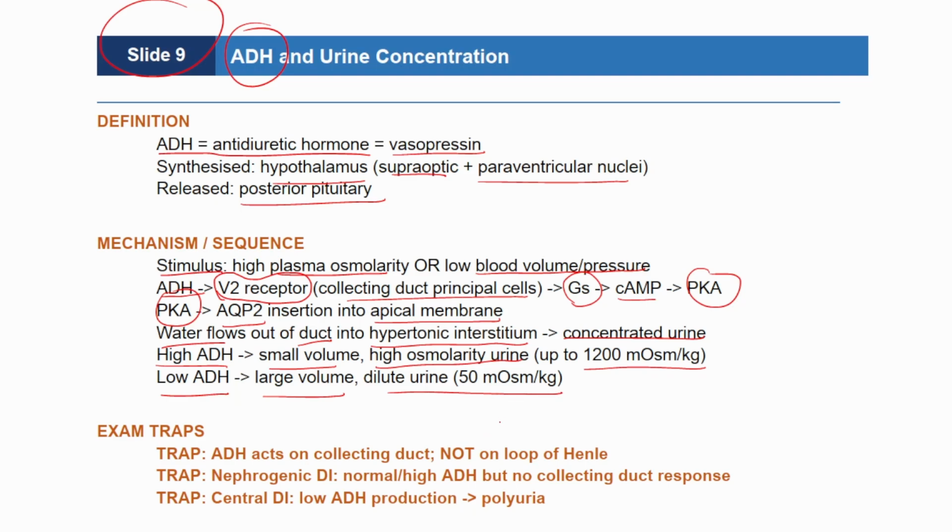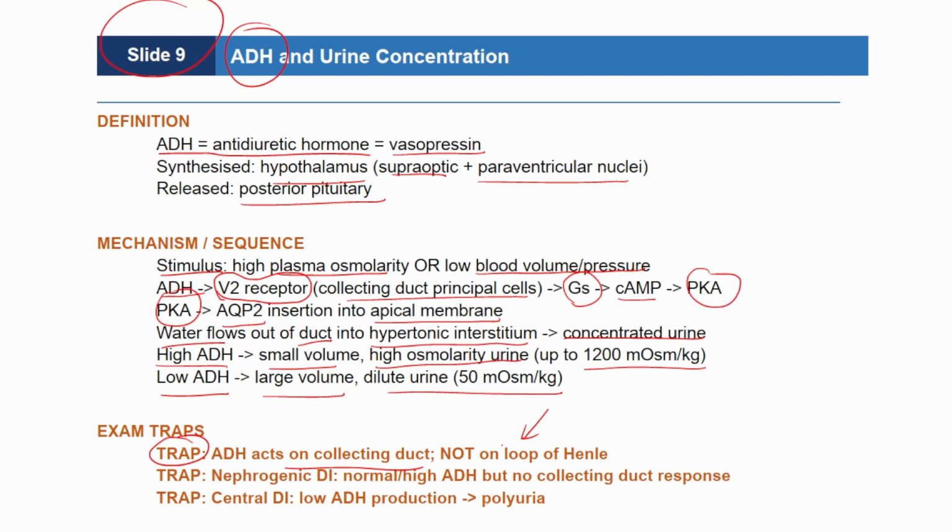When preparing for the exam, there are 3 distinct traps you must look out for regarding pathology and site of action. First, always remember that ADH acts physiologically on the collecting duct and it doesn't target the loop of Henle.